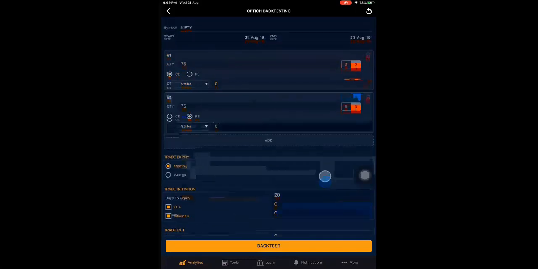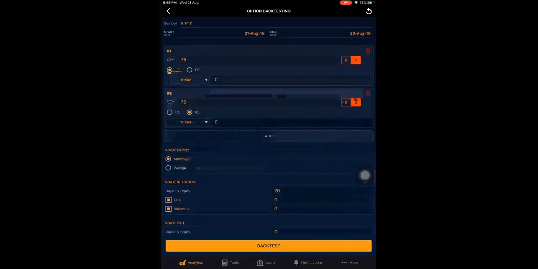So let's understand what we have done till now. I have selected Nifty as my instrument for backtesting. I am doing the backtesting for the last 3 years. The strategy I am doing is selling the at the money straddle. So the legs are selling a call option and selling a put option.